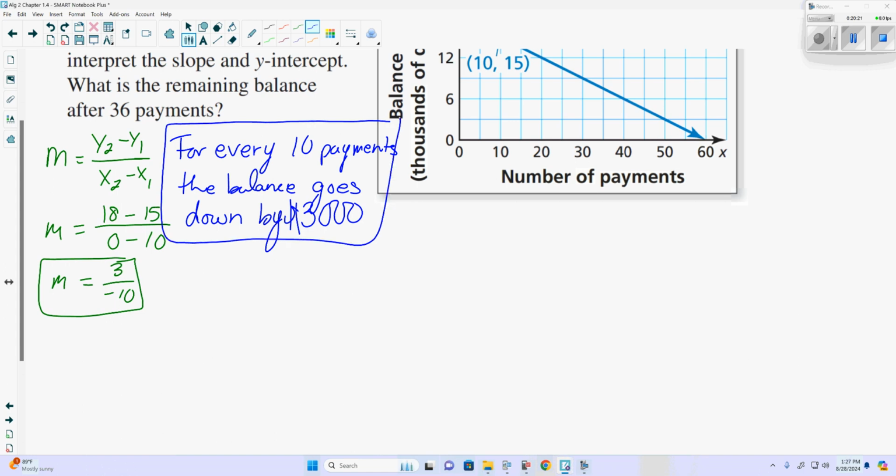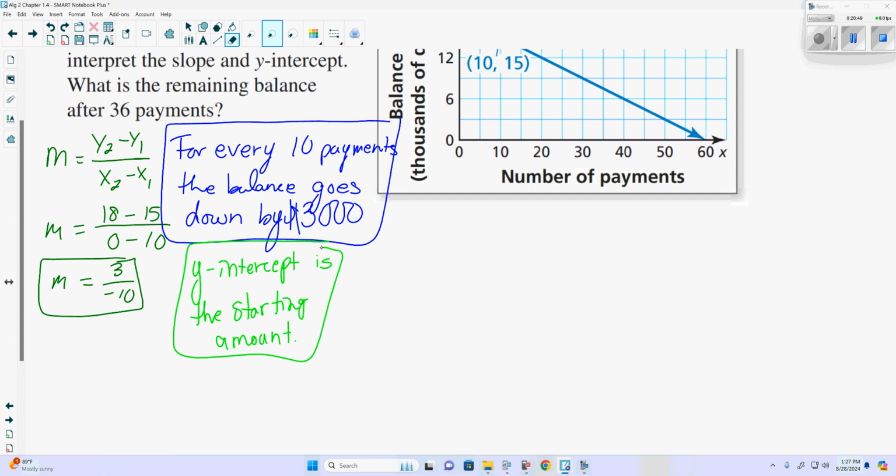Now this one also wants us to denote the y-intercept, yes? I will go and tell you the y-intercept. You can spell. Intercept is the starting amount.